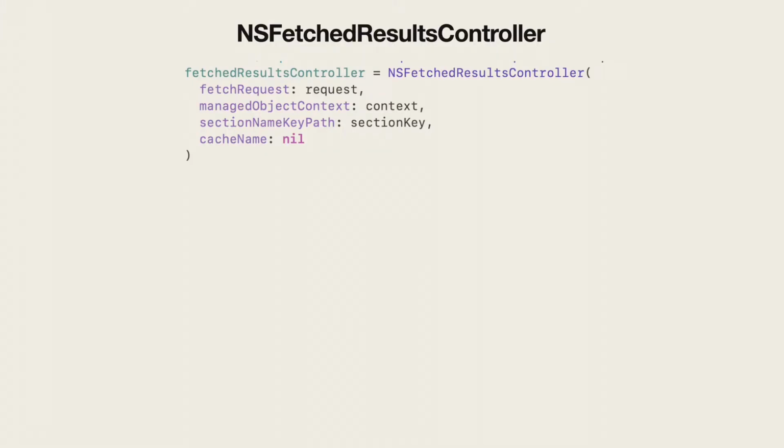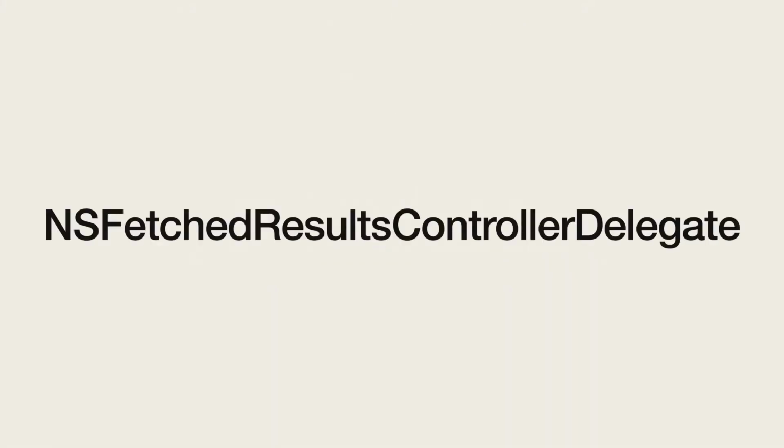If you want to section it, you can do that in the fetched results controller, and you can also cache it. But the magic really happens in the delegate, where when you set up a controller, you say, here is your delegate. Typically that's just the view model, or if you're really after a world of pain, the view controller as the delegate.